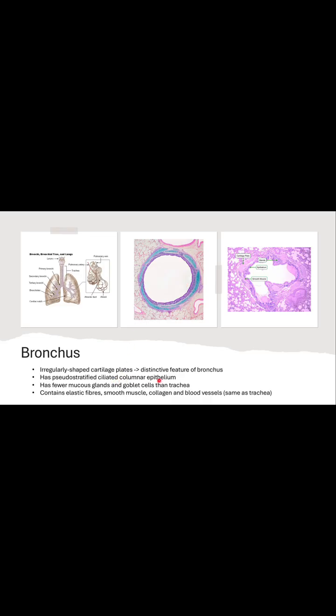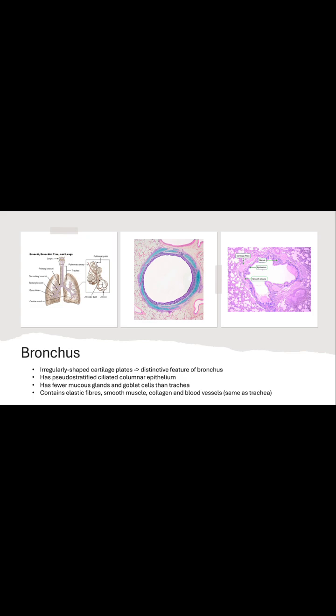And it's columnar epithelium, which means that it is the same cells as line the trachea. So at the moment, we have not seen any change in the cell lining.